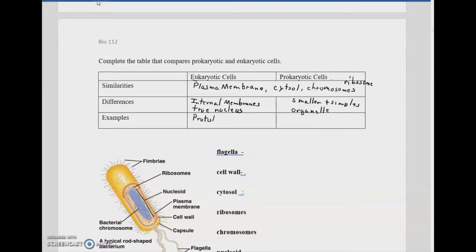So the examples for eukaryotic cells are protists. Protists are single-cell organisms that are very complex. They tend to be kind of large, and they have internal membranes, they have a nucleus, and they have organelles. Animal cells are all eukaryotic. Plant cells, all eukaryotic, and fungus.